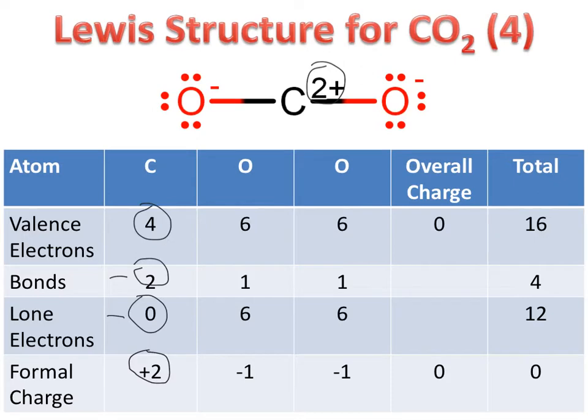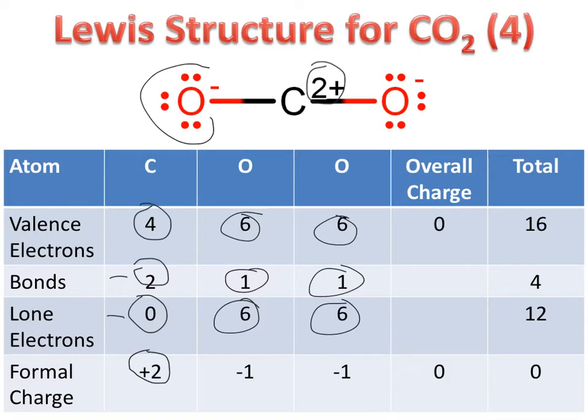For each oxygen, they have 6 valence electrons, minus 1 for the bonds, minus 6 for their lone pairs, giving each a formal charge of -1.